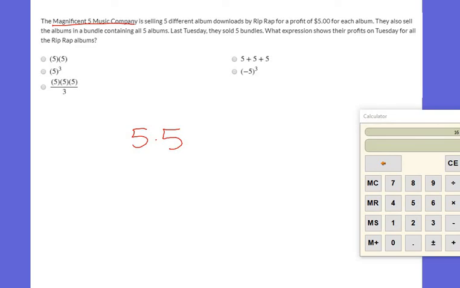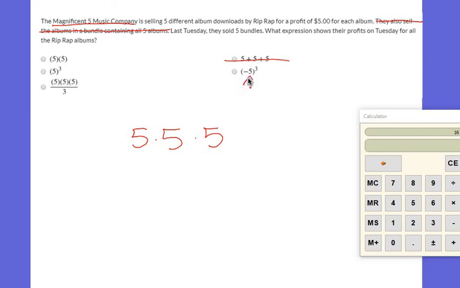Then it says they also sell the albums in a bundle containing all 5 albums. Last Tuesday they sold 5 bundles. So this sentence here didn't really tell me anything. They sold 5 of them. Which expression shows the profit for Tuesday? Okay, so I have 5 times 5 times 5. I don't see that. This is all pluses, so that cannot be it.